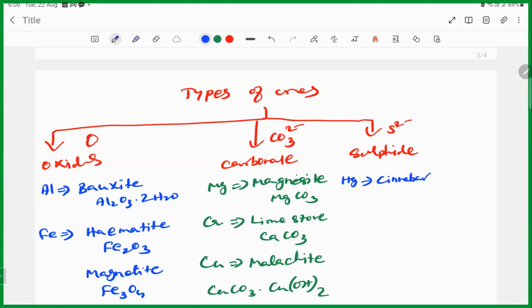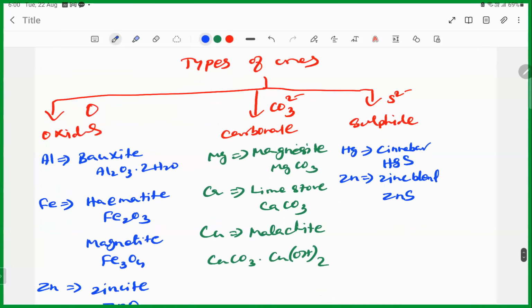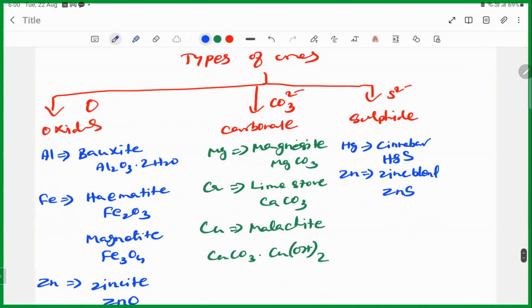And then zinc blende, ZnS, HgS. And then copper and iron, which is available as chalcopyrite, CuFeS2.